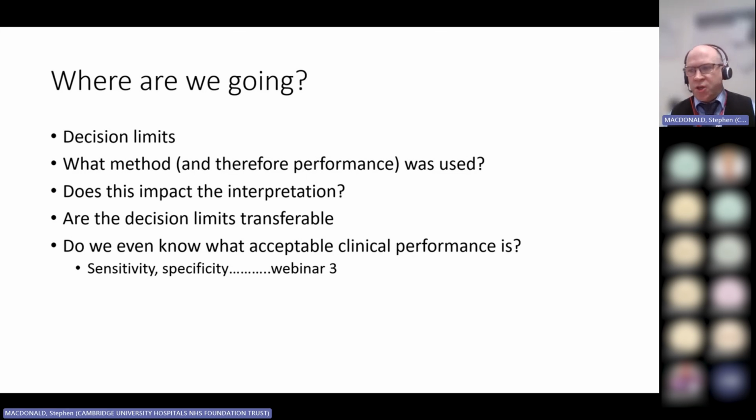particularly with managing decision limits, because those decision limits, be they reference ranges or single clinical decision limits, ultimately define how we determine misclassification of patients. And now we need to really go back to those initial studies and think, what method was used, and what was the analytical and clinical performance of the methods at the time these decision limits were applied?